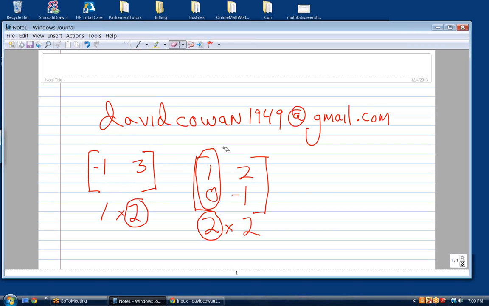Okay? And the way we multiply them, if you can picture this graphically, is this column right here that has 1 and 0. Mm-hmm. That column, think of lifting it up, rotating it 90 degrees to the left, laying it on top of this row, and multiplying.